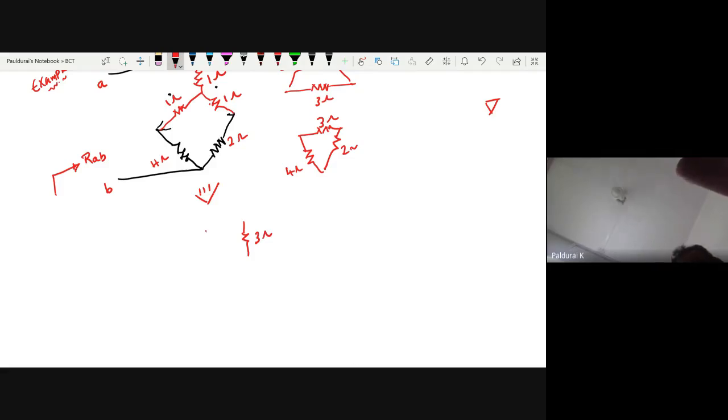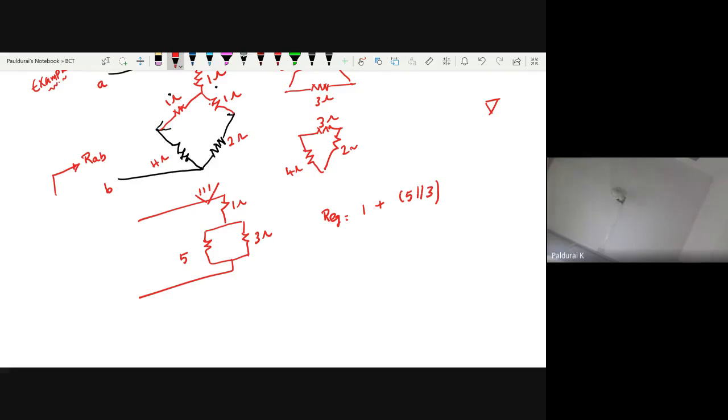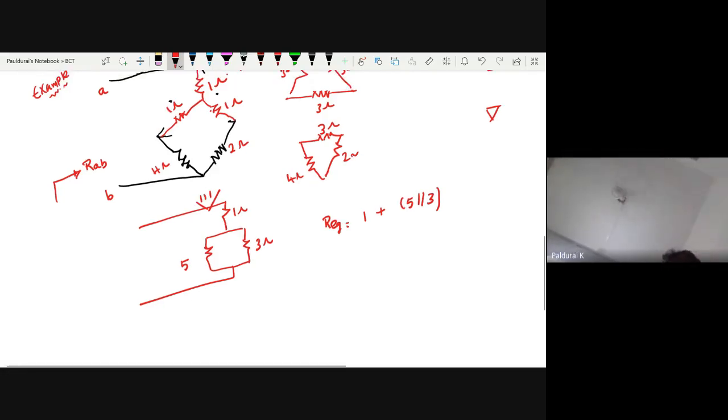Here 1 and 4 are connected in series, it will give you 5. Then 5 parallel with 3, in series with this 1 ohm. So you will end up with some number. This is the way to calculate.